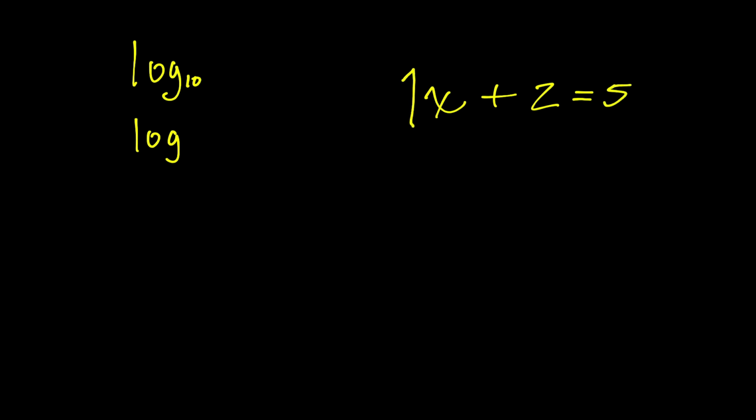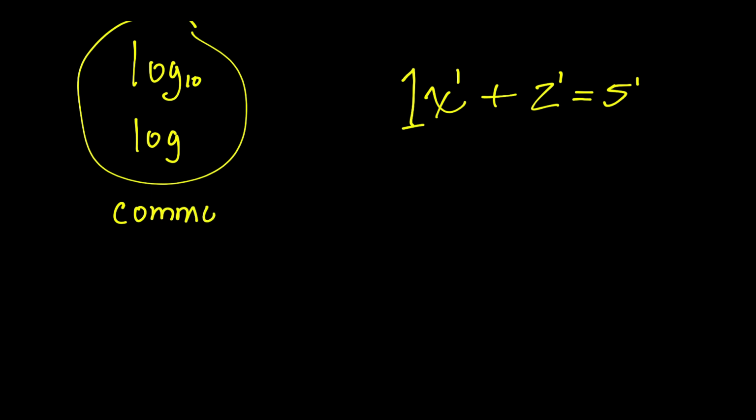We know there's a 1 in front of this x, but it doesn't have to be written. It can be written. It's not wrong to write it that way. Same way that a 1 as an exponent is understood. Every one of these terms has an exponent of 1, but we don't write it because it's understood. This is called the common log. So that's the one we usually start with.